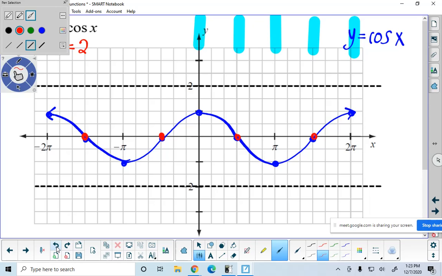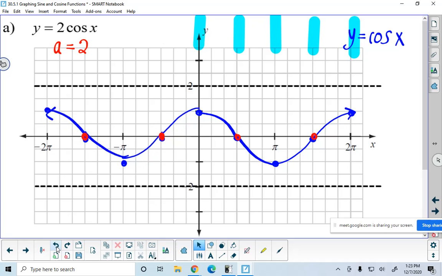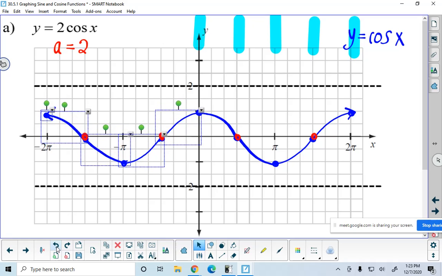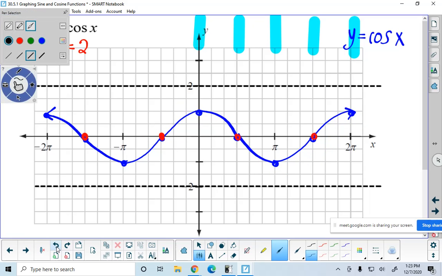In other words, everybody, cosine normally starts at 1. Here is the start point of cosine.